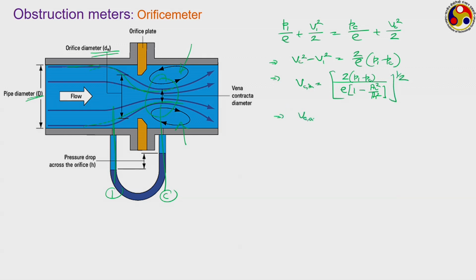Subsequently, Vc actual will be equal to Cv into the same expression.